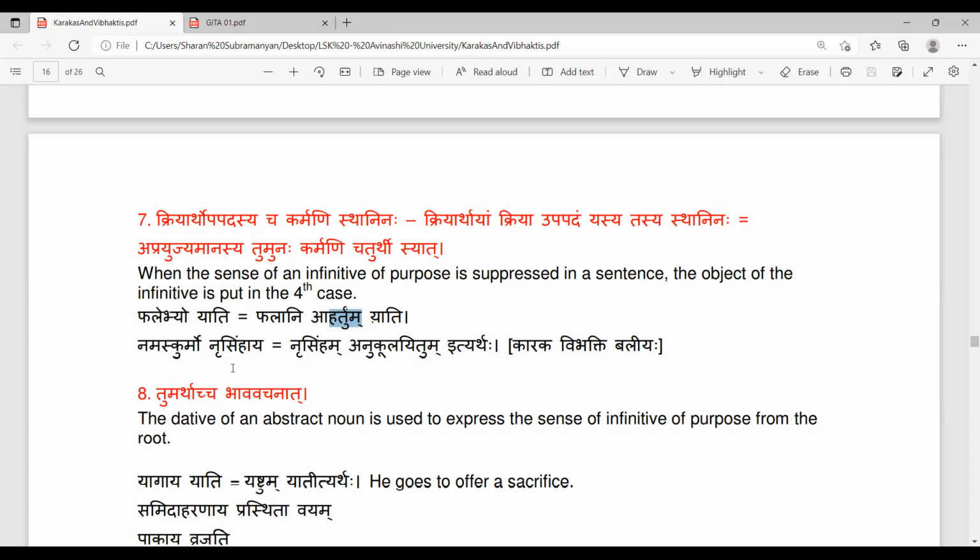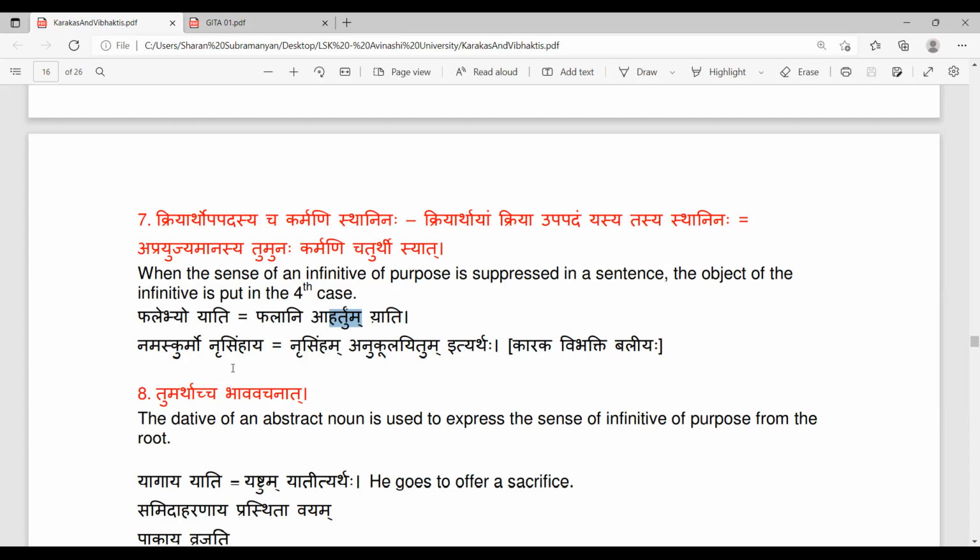Here Narasimham takes Dvitiya Vibhakti not because of Karaka Vibhakti; the tuman pratyaya governs Dvitiya Vibhakti. It is not Karaka. And Narasimhaya in namaskurmaha Narasimhaya is Chaturthi Vibhakti because it has the suppressed meaning of the tuman pratyaya.